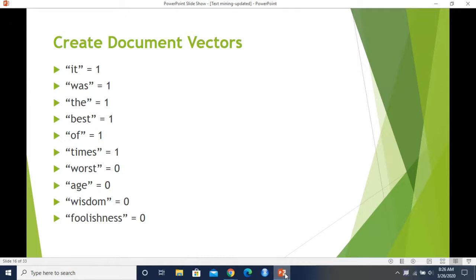The next step is to score the words in each document. The objective is to turn each document of free text into a vector that we can use as input or output for a machine learning model.